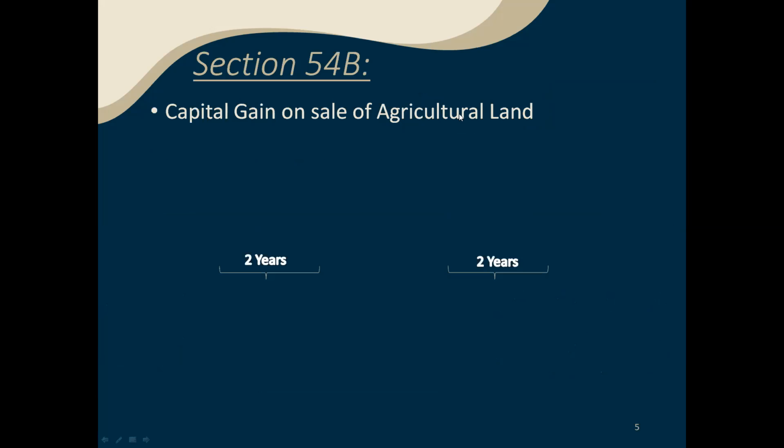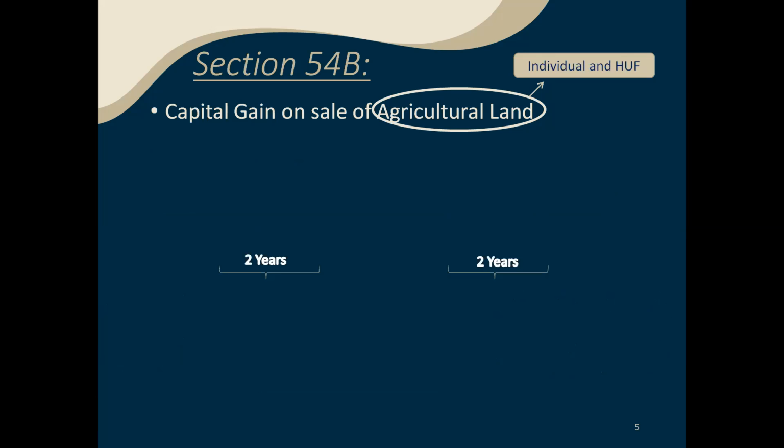Next is section 54B. This is on capital gain on sale of agricultural land. Again, this is available only for individual and HUF. So what are the conditions? Whatever we saw in section 10 was compulsory acquisition of rural agricultural land.